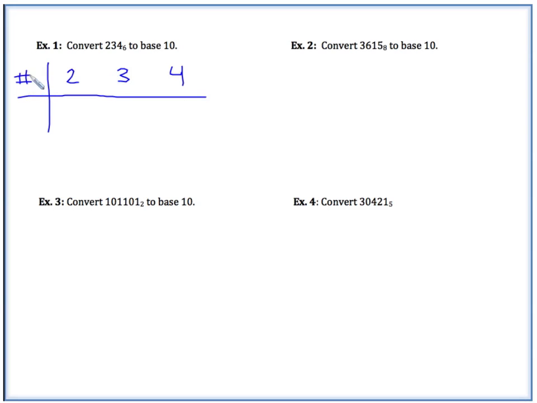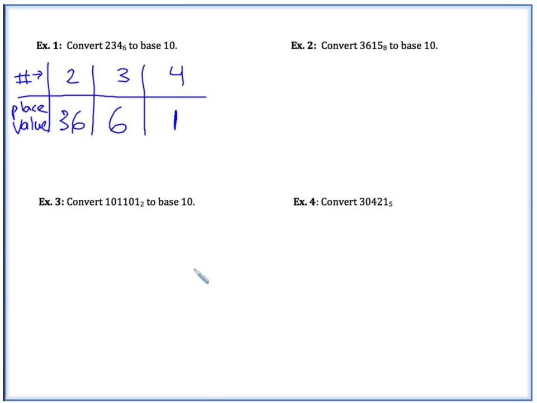So I write the number on the top, and then I write the corresponding place values down below. Okay, so all the way to the right is always a 1. Then we use the base of 6, and then we would use 6 squared, or 36.